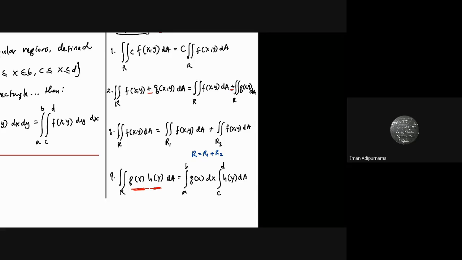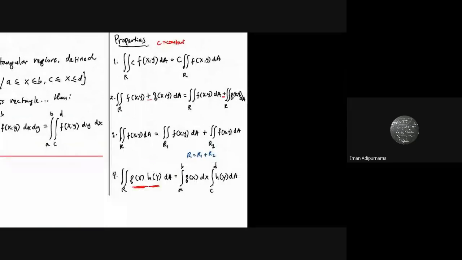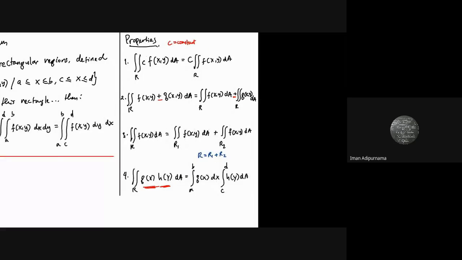Okay, these are some important properties in the double integral. Actually, numbers 3 and 4, I think, are essential in the double integral. Numbers 1 and 2, I think we already have in the general integral in calculus 1, right?